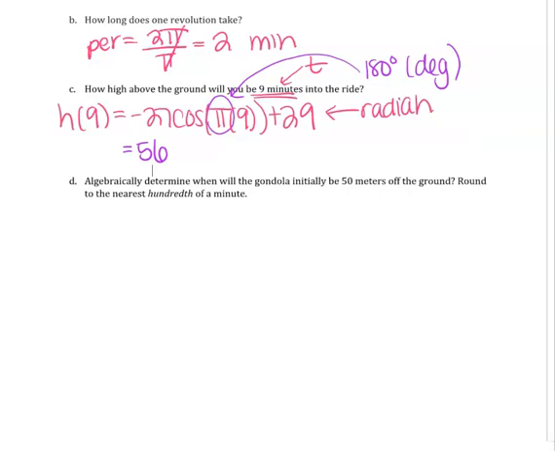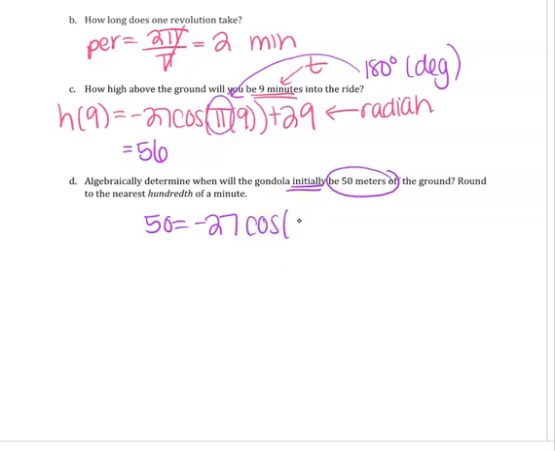Algebraically determine when the gondola will initially, meaning first, be 50 meters off the ground and round to the nearest hundredth of a minute. All right, so that means this 50 meters we're going to set as our height. Now, I'm going to change this to 180 degrees t, just so that I can use my calculator in degree mode.